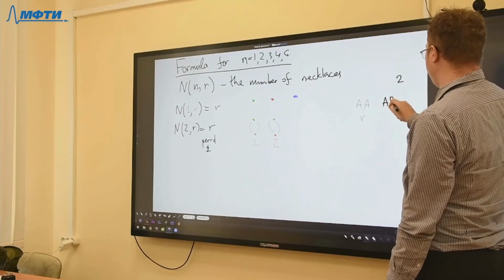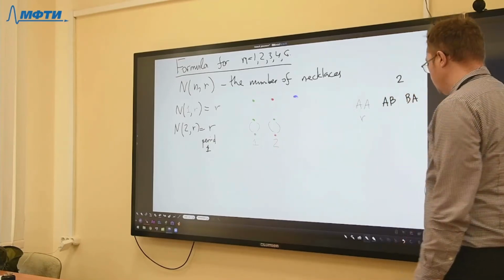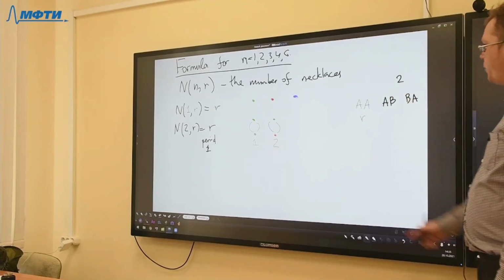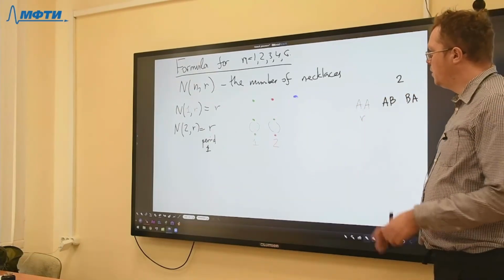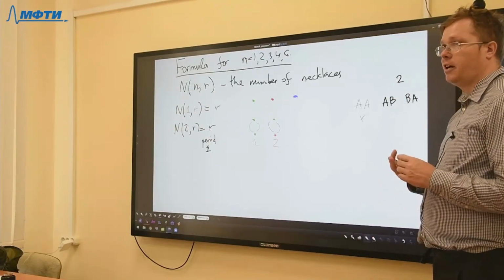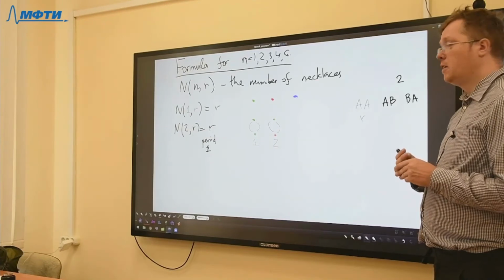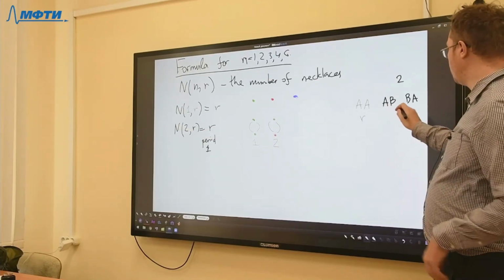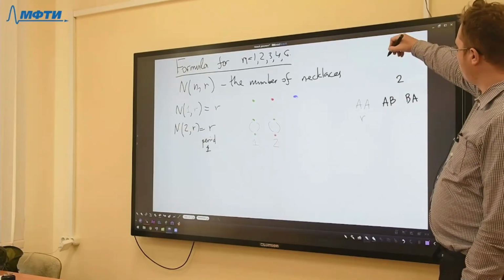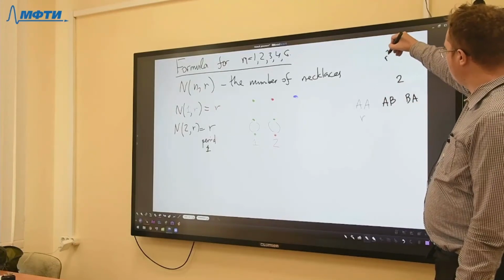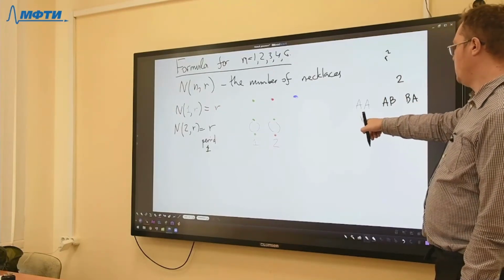Okay, so how many words of period 2? So we have like AB and BA. If we have R letters in the alphabet, the total number of words of length 2 is R squared, and we already counted R of them.